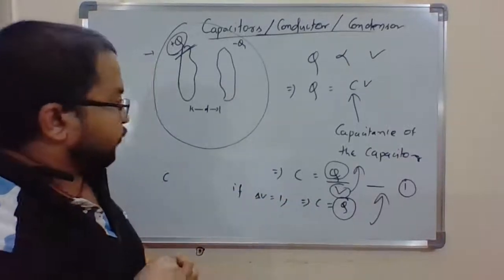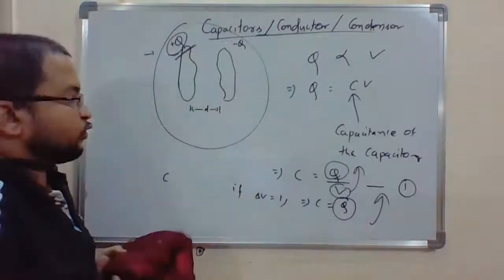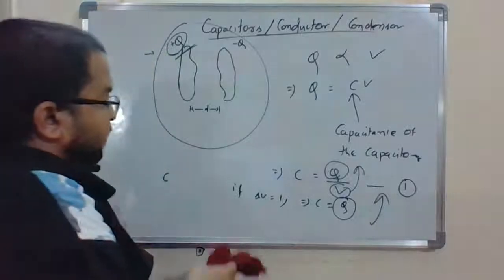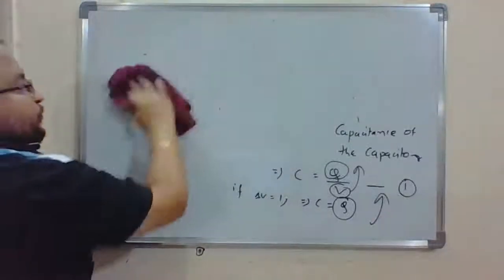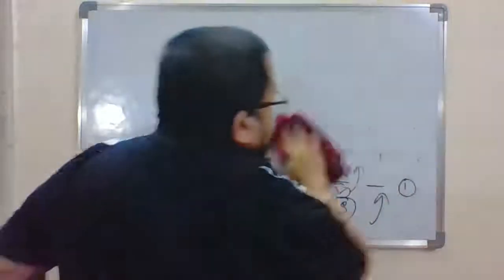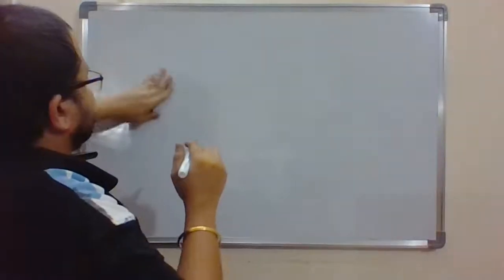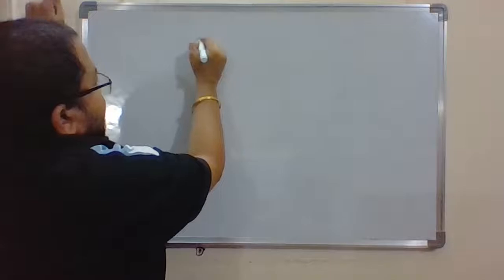Now let us move into the unit of it, the SI unit, and the dimension. Your capacitance is always a scalar quantity. Why?